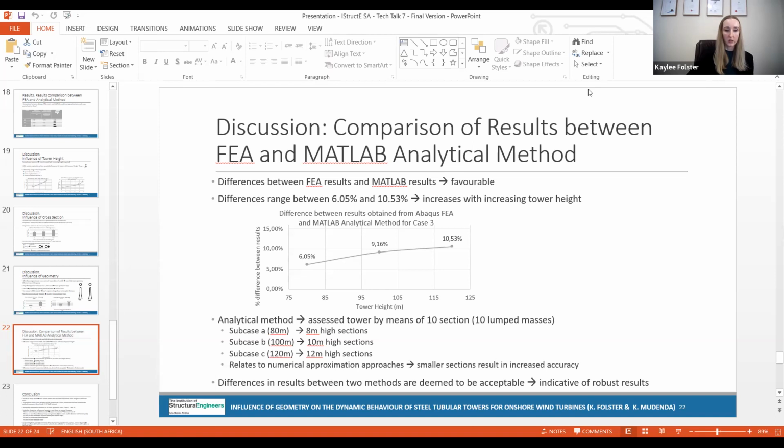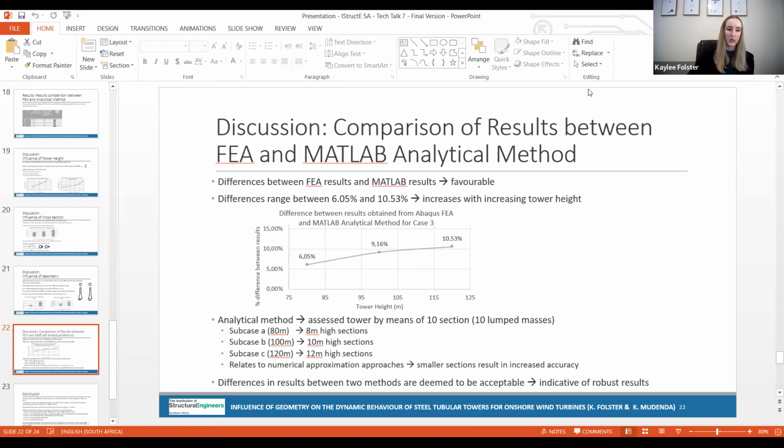So now you can start to see the reason why we're getting that increased percentage difference. It's purely based on your numerical approximation methods and the fact that generally you would consider smaller sections in order to obtain increased accuracy. So it's actually quite self-explanatory.